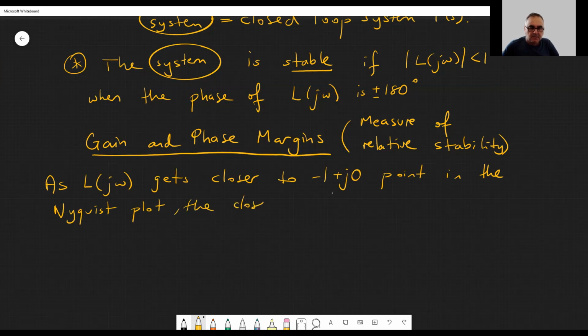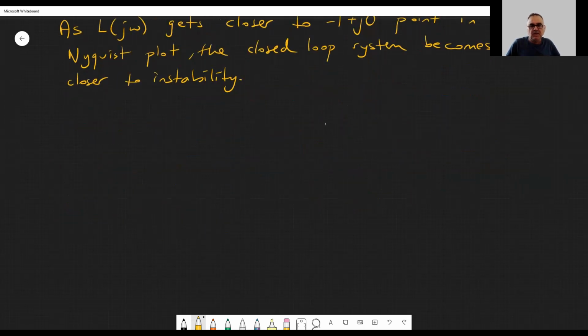the closed loop system becomes closer to instability. As we have said, so let's say that this is the minus 1 point. This system is more stable than this one, for example, although both systems are stable, as we know, because they don't encircle this minus 1 point.